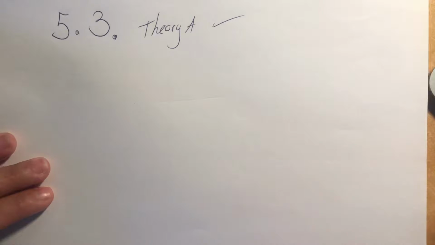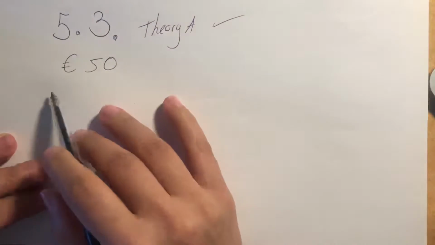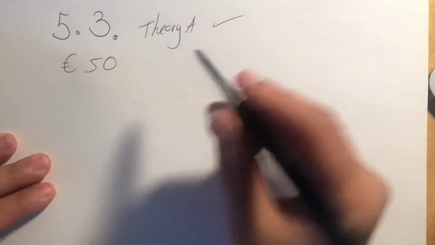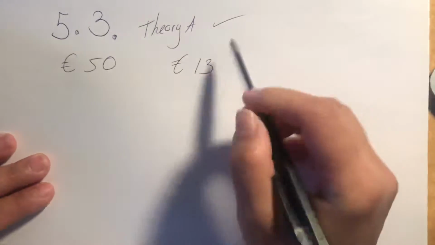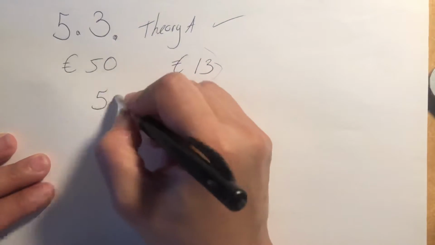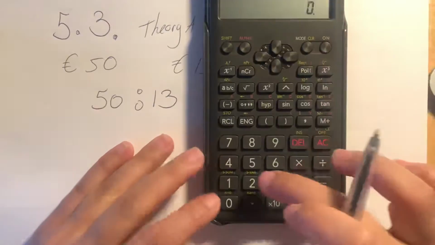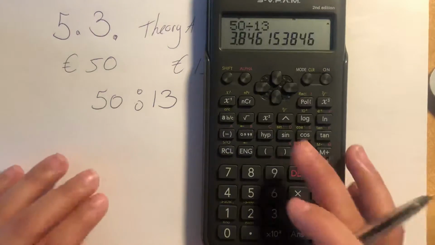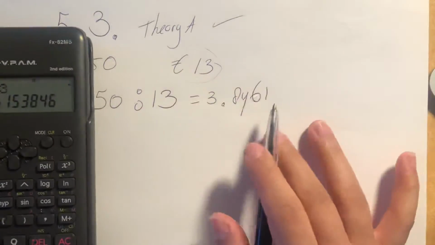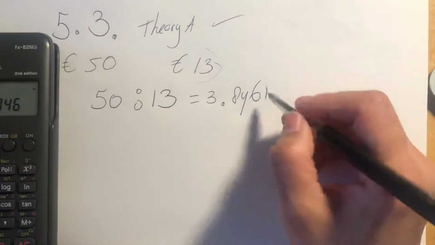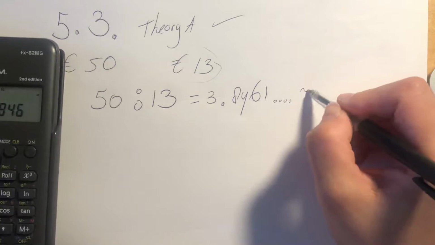When you're working with arithmetic in everyday situations, if you go to the store and you have 50 euros in your pocket and you want to buy, for example, an item which is about 13 euros, you know that when you divide 50 by 13, let's have a look what it will become. 50 divided by 13, you get 3.846, 1, etc. So when you're rounding, you always write down a few decimals with dots, and then you round it.